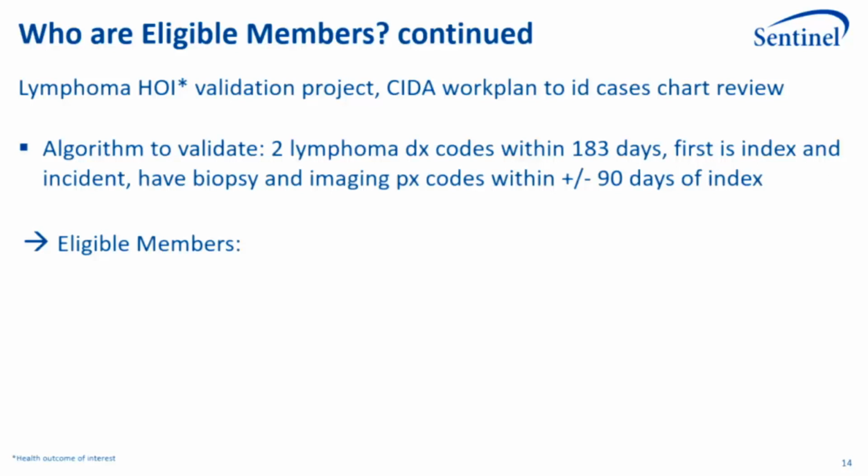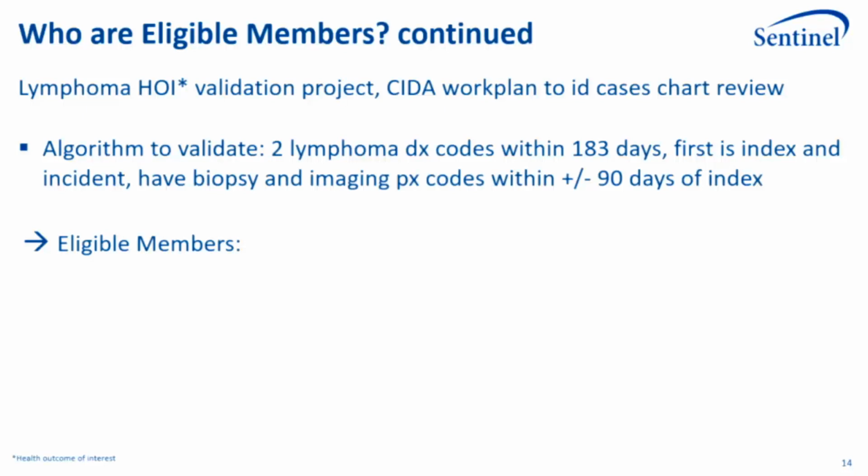One of the projects that we're working on with FDA is a lymphoma health outcome of interest validation project. So we say, this is an electronic algorithm for lymphoma. Now we're going to identify people who have lymphoma based on that algorithm, and then sample them and look at their charts and validate it. So we use CIDA to do that first part, to actually pull the cohort. And so you can see here the algorithm that is proposed for the study, the details here.